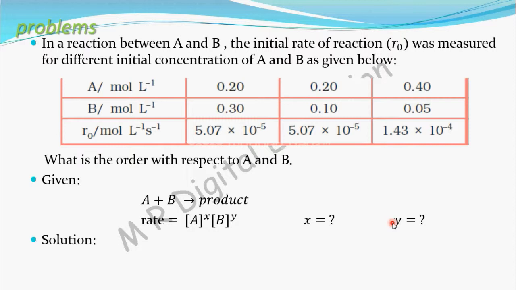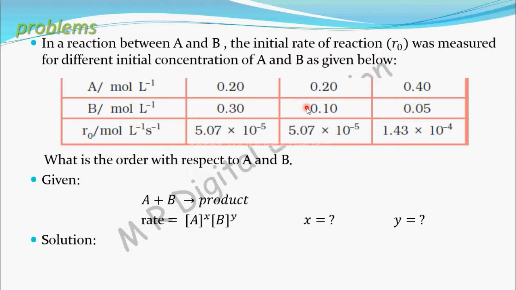See, one of the orders you have to find by looking at the table only. For that you have to look at two experiments where the concentration of one reactant is the same in both experiments. Here, in this experiment and in this experiment, concentration of reactant A is the same, that is 0.20, but concentration of B is varying, 0.30 to 0.10.